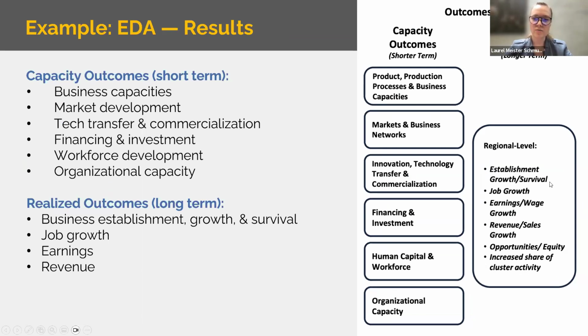So capacity outcomes are the direct shorter term outcomes that occur as a result of the program to enhance the capabilities of the grantees themselves or the program's clients or participants. So these capacity outcome categories are things like production processes and business capacities, markets and business networks, innovation, tech transfer, financing and investment, and so forth.